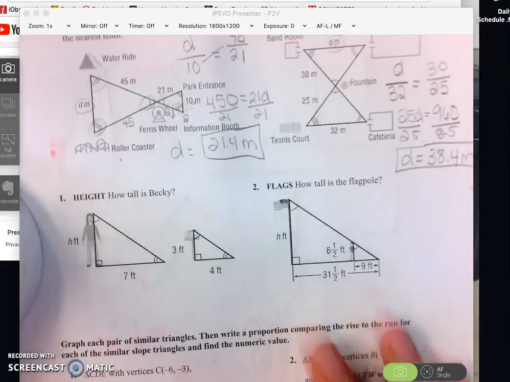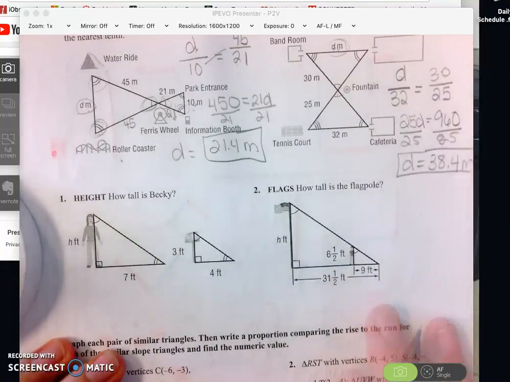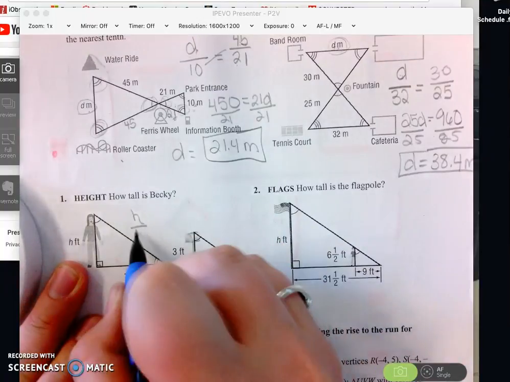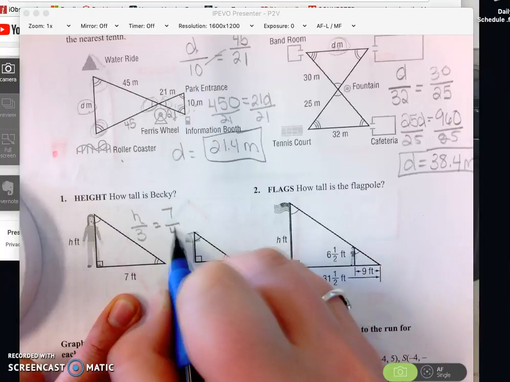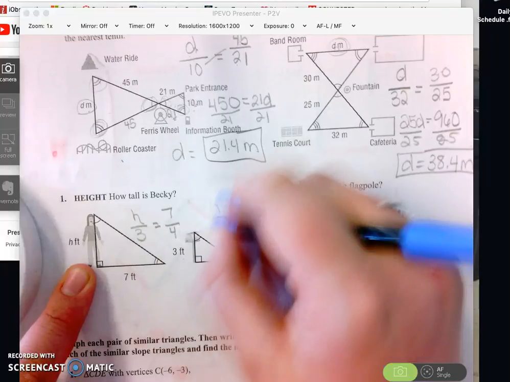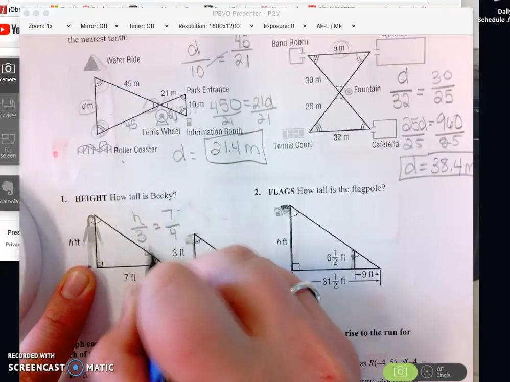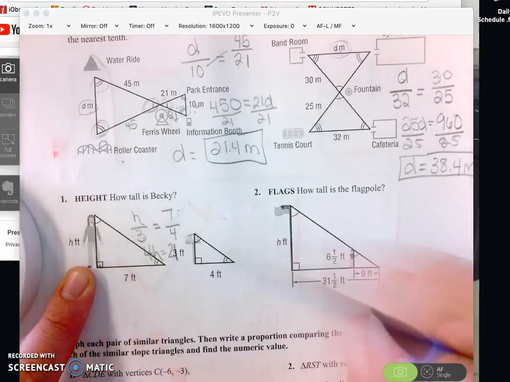Okay, how tall is Becky? Again, using our similar triangles. So H, I could put it over 3, set it equal to 7 over 4. I could also put H, no, let's just keep it like that, not make it complicated. Cross multiply, so 4H equals 21.